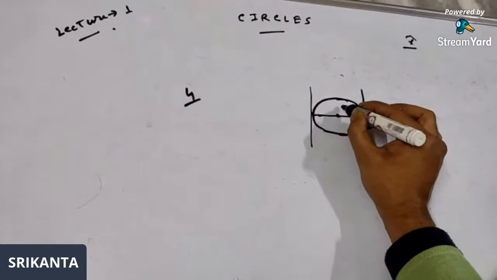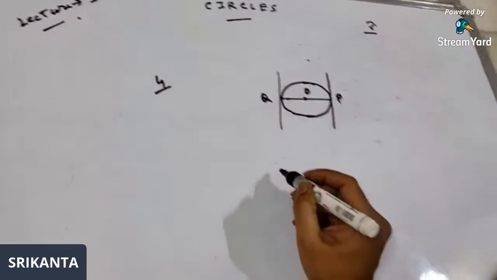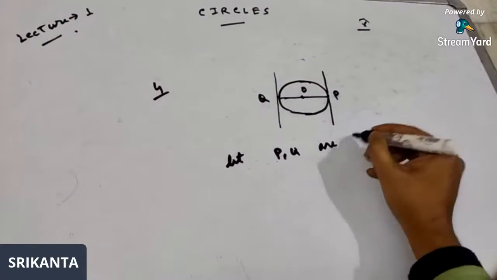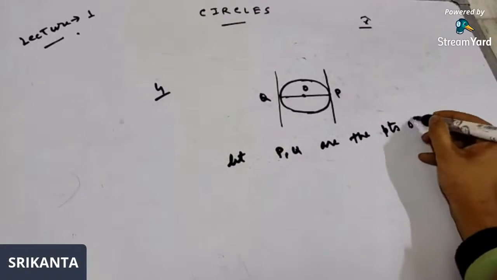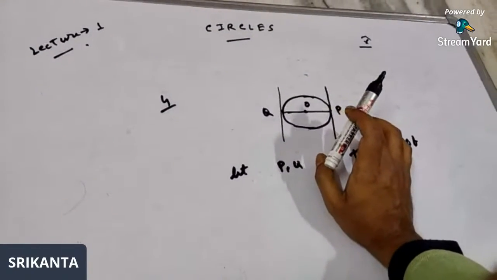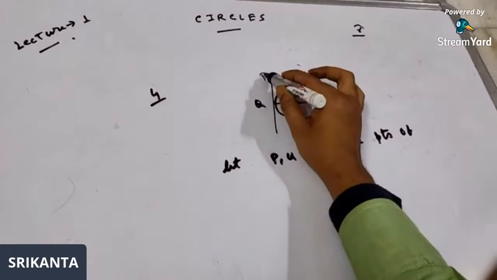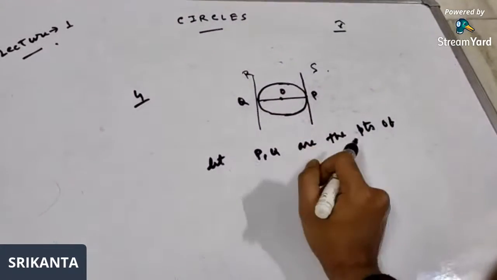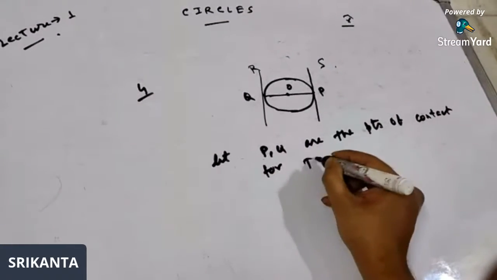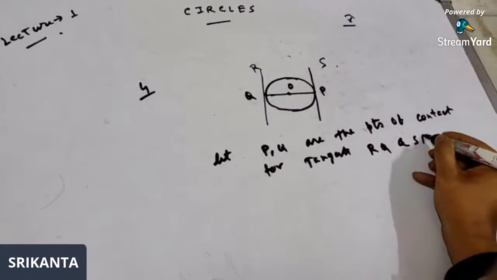This is O. Suppose this is P and this is Q. We need to prove these two tangents are parallel. So suppose here I'm giving names R and S. Here are the points of contact for tangents RQ and SP. Clear?